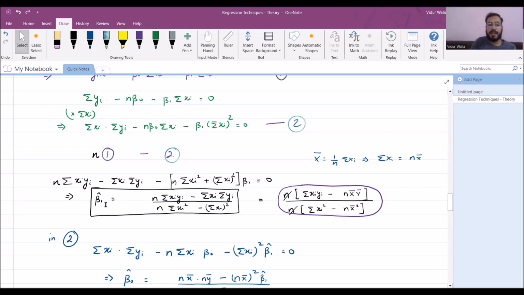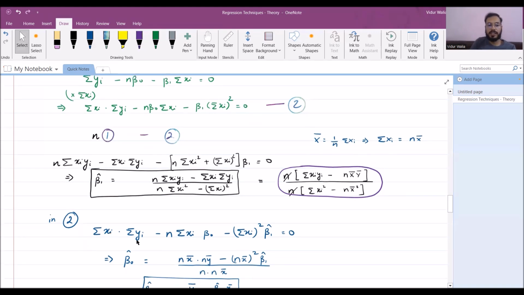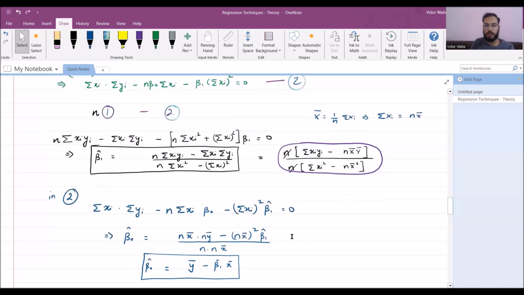Now putting this beta 1 hat back into the second equation, I get sum of xi yi minus n beta naught sum of xi minus sum of xi whole square times beta 1 hat. Now I'll calculate this first, and then I'll put this value over here. That's why I've put on a hat. Hat means an estimate, right? So beta 1 hat over here equal to 0.